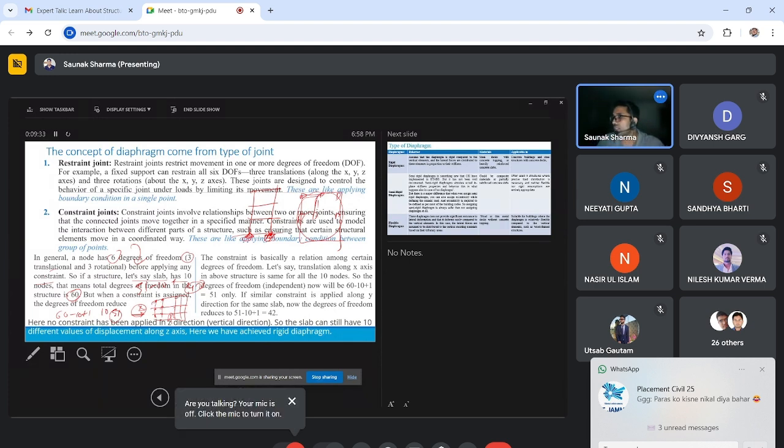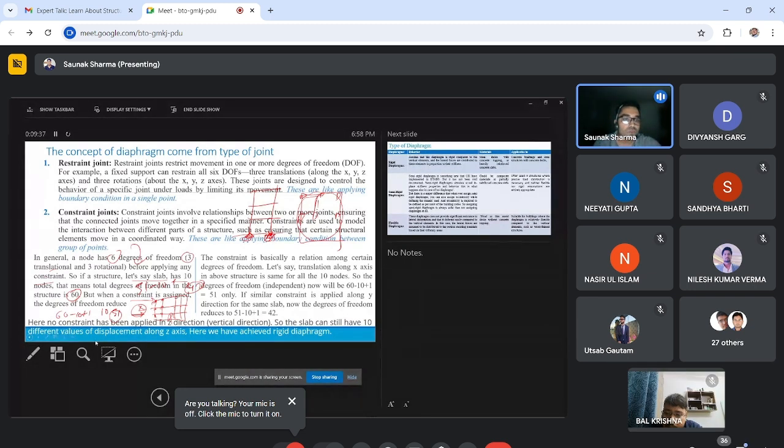So this constraint and diaphragm work in this manner. Here no constraint has been applied in the z direction. We need to know that in the z direction we do not apply a constraint because the deflection pattern might be like this.